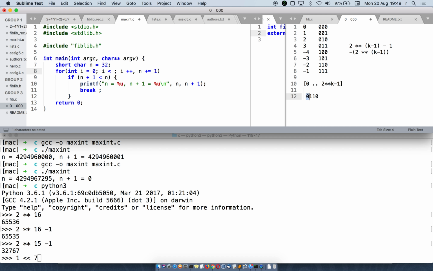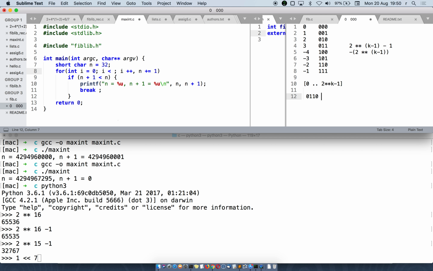How do you compute? This is on the 4th position, so you multiply with 2 to the power of 3. This is on the 3rd position, so you multiply it to 2 to the power of 2. This is on the 2nd position, so you multiply it to the power of 1. This is on the 1st position, so you multiply it to 2 to the power of 0.